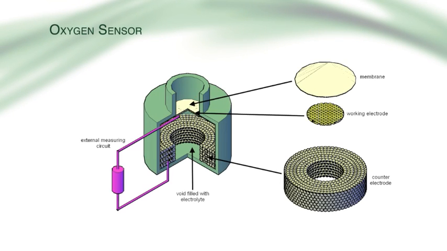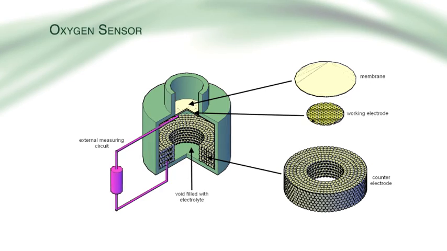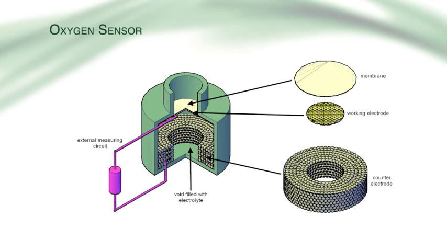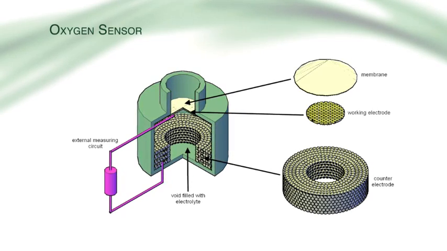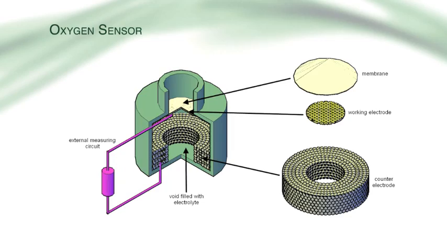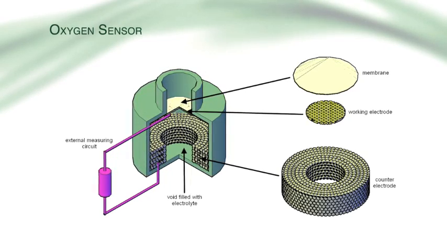The oxygen sensor is an electrochemical sensor, producing an electrical current from a chemical reaction taking place within the cell. The sensor comprises a plastic housing with a membrane-covered aperture, which serves to restrict the rate of gas entry into the cell.